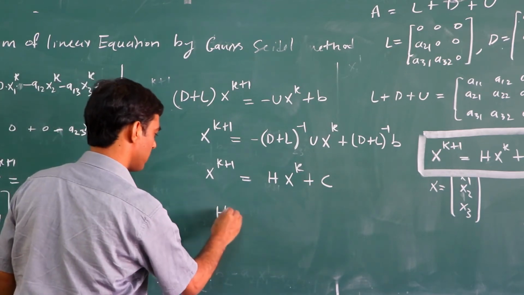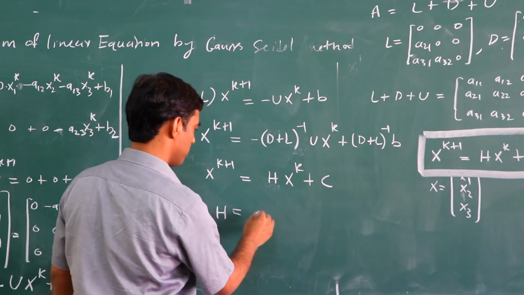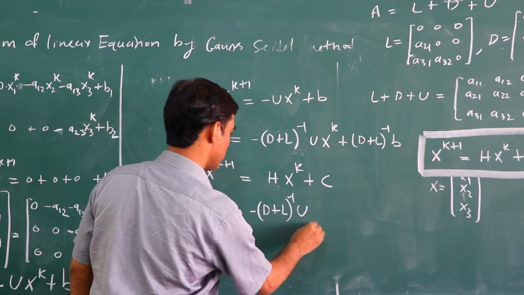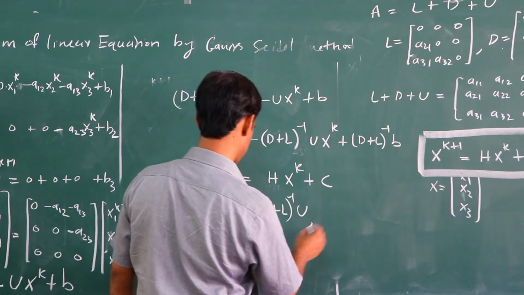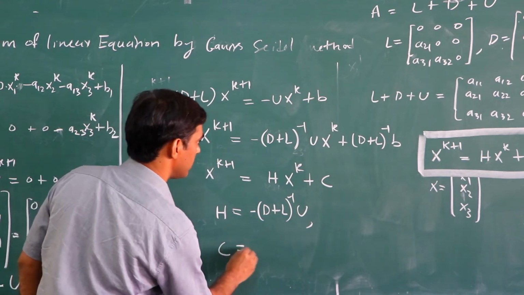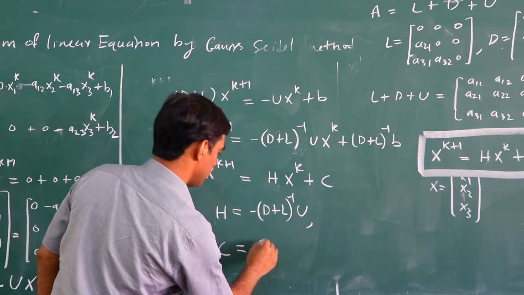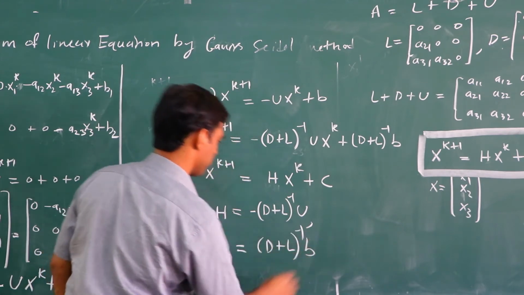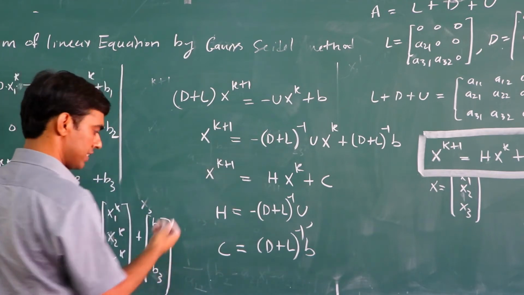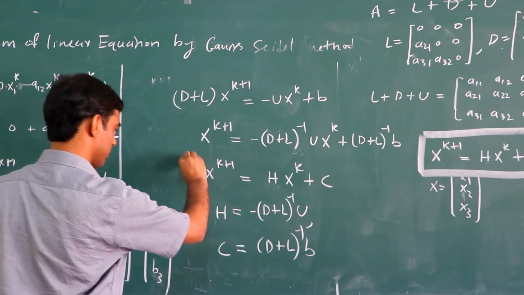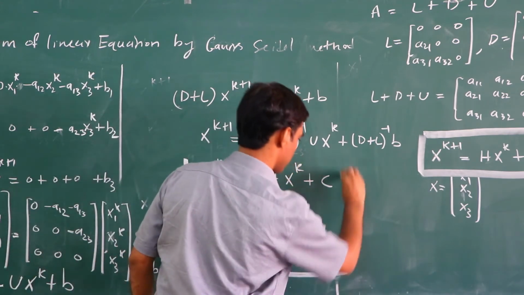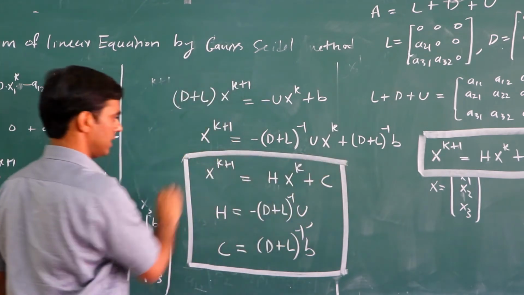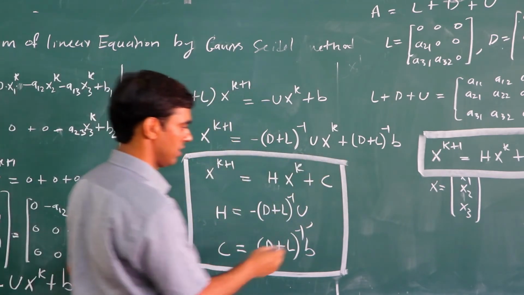H equals minus D plus L inverse U, and C equals D plus L inverse V. So this one is the iterative scheme for the Gauss Seidel method.